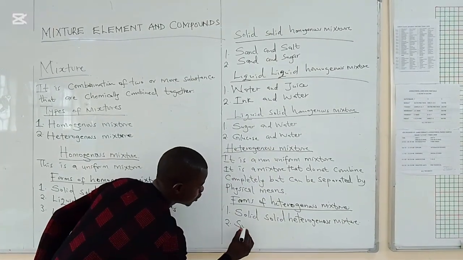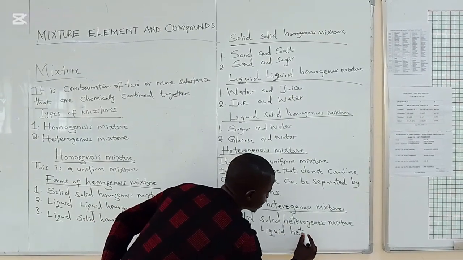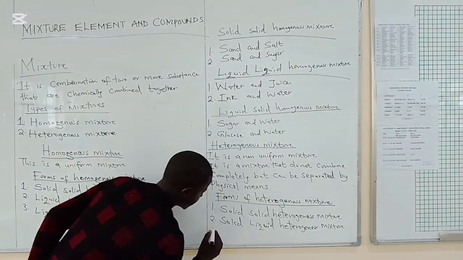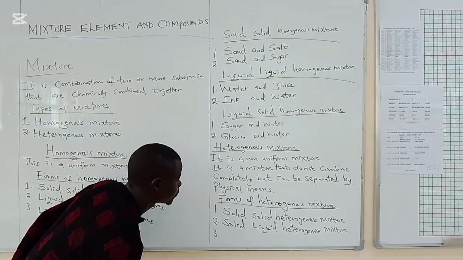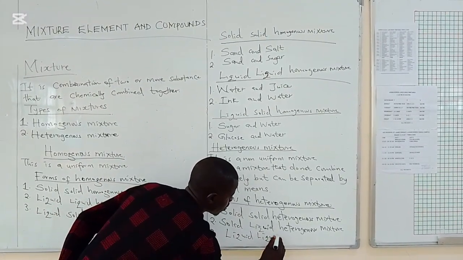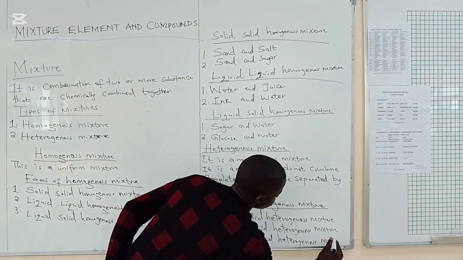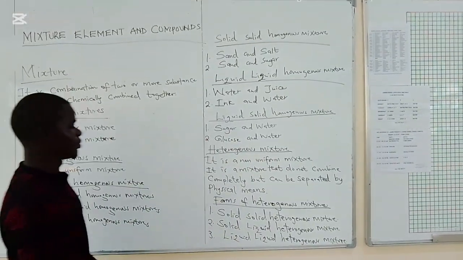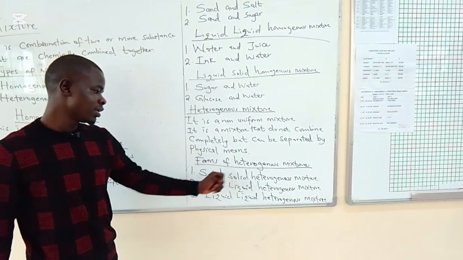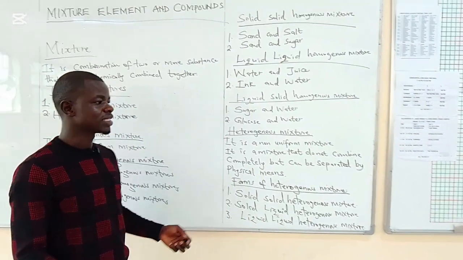Number 2, solid liquid heterogeneous mixture. Number 3, we are having liquid heterogeneous mixture. So we're going to elaborate more on the examples of the solid heterogeneous mixture, solid liquid heterogeneous mixture, and liquid heterogeneous mixture.